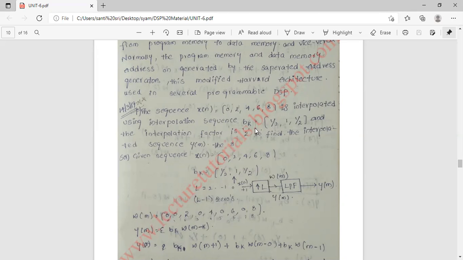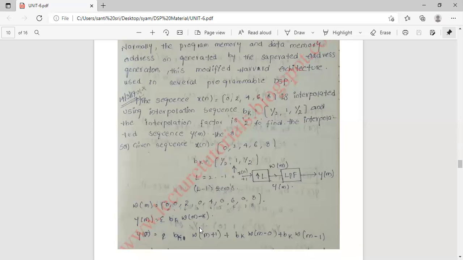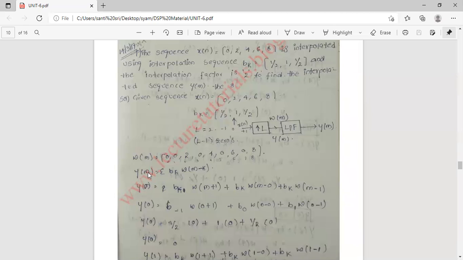Similarly, this bk is 1 by 2, 1, 1 by 2. The arrow mark is given at 1, so that bk of 0 is 1, bk of minus 1 is 1 by 2, bk of 1 is 1 by 2, right? Now we will multiply these two, by taking the values of m from 0 to 8.